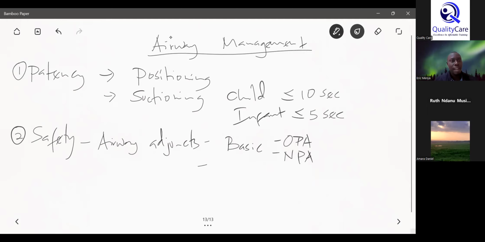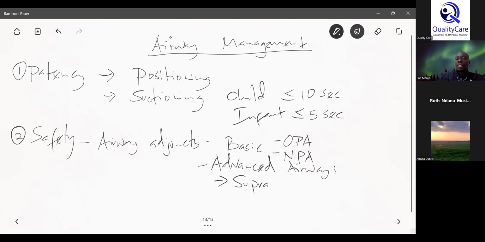Those are, however, basic airway adjuncts. They do not really isolate the airway. So patients in failure want the advanced airways. Now, advanced airways, we have the supraglottic airway devices, and we have the definitive airway devices.